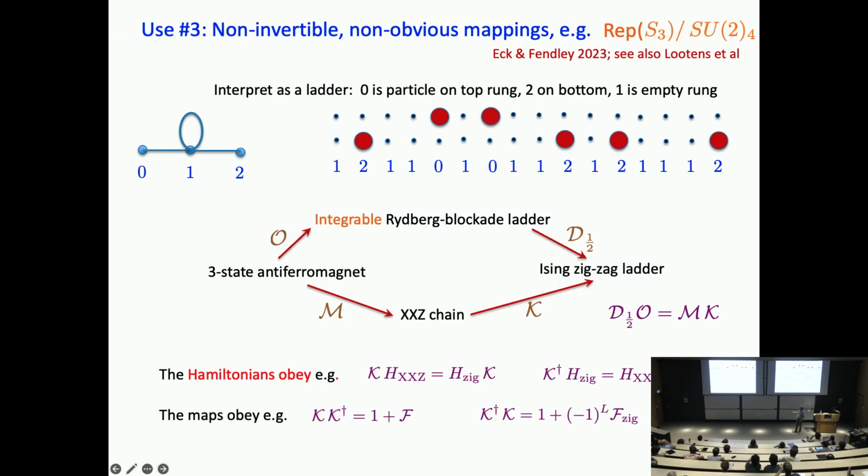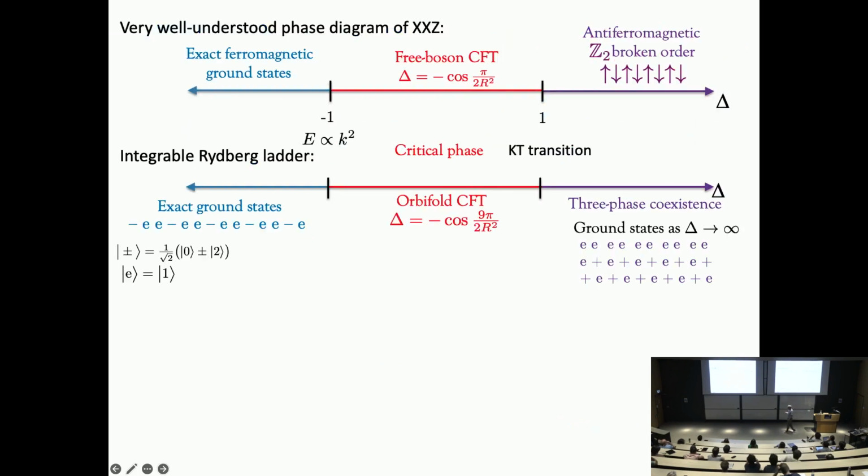So these non-invertible mappings basically tell you now instantly that you look at this. This is a well-known XXZ phase diagram. Sorry if you don't know what XXZ is, but it's a well-known phase diagram. And then this non-well-known phase diagram, again, follows basically instantly. And you can interpret it.